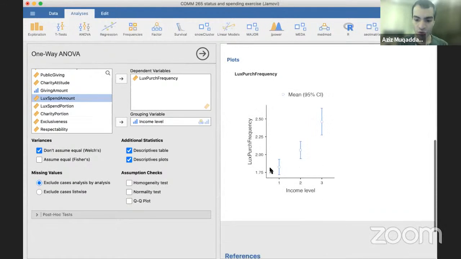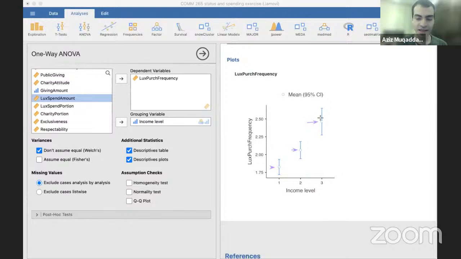And then you look at the plot. And so here, you see this blue line, those are the confidence intervals. Okay, so the confidence interval is actually this, right here, and those are the mean scores.